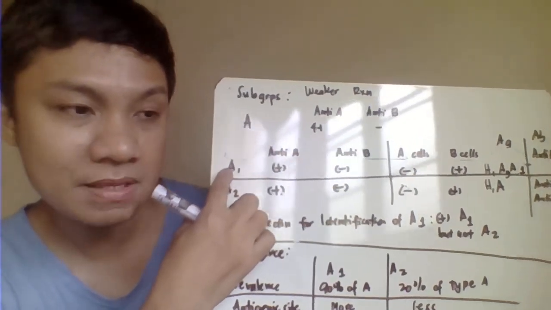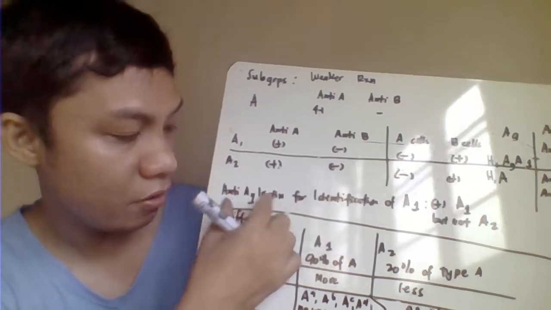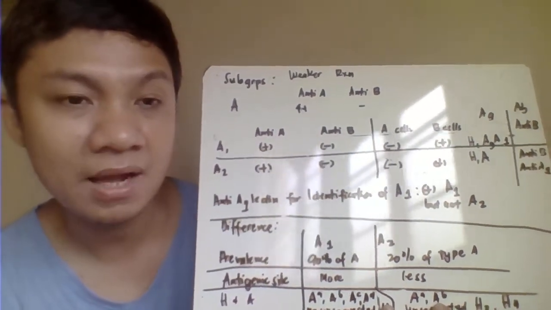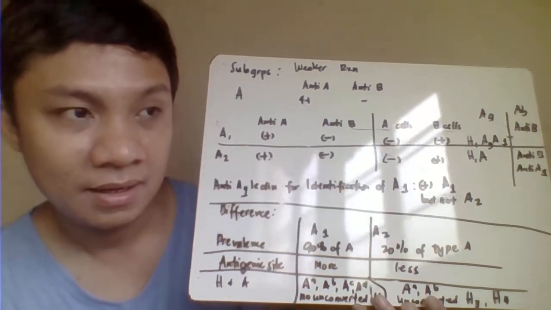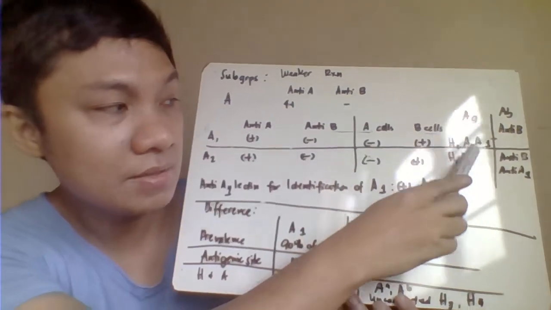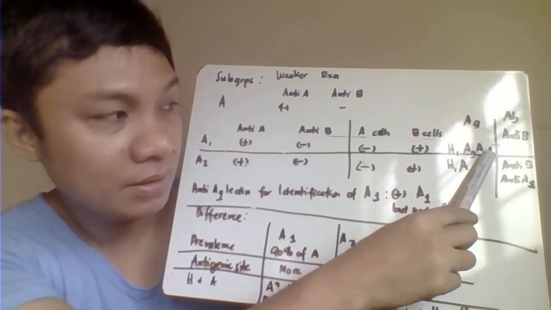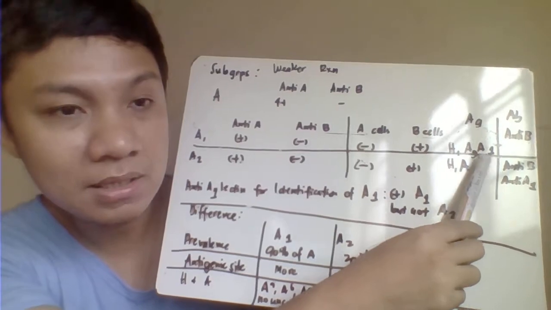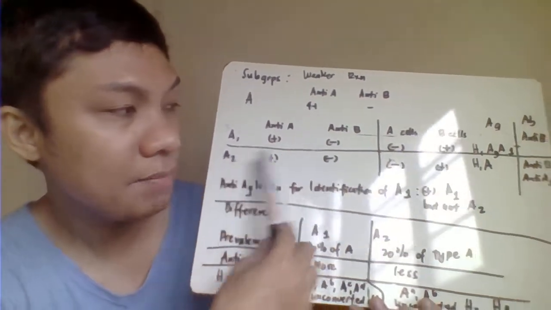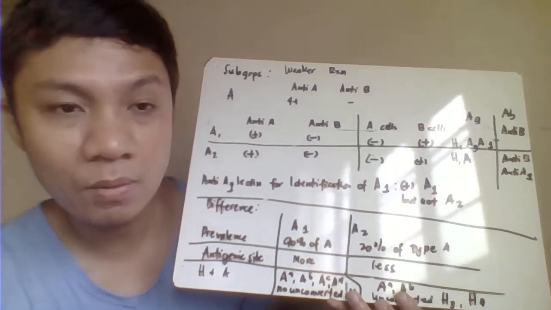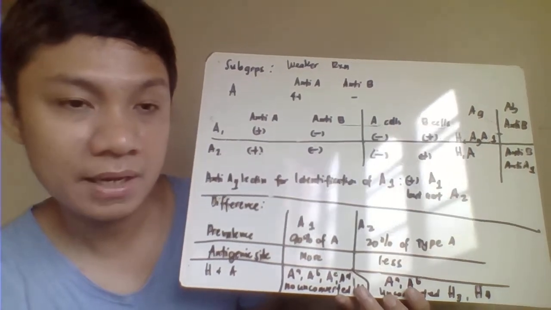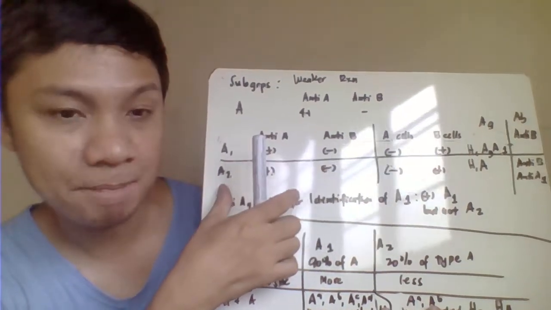Siya lang magpa-positive pag nag-add ka ng Dolichos biflorus. Ang A2 natin, magne-negative siya kasi wala naman siyang A1 antigen. Again, ang A1 natin, meron siyang H antigen, A antigen, saka A1 antigen. Ang A1 antigen natin, madidetect pag nag-add tayo ng Dolichos biflorus. Ang A2 natin, may H antigen siya, A antigen, pero wala siyang A1. So, therefore, pag nag-add tayo ng Dolichos biflorus, ang A2 natin, magne-negative siya.